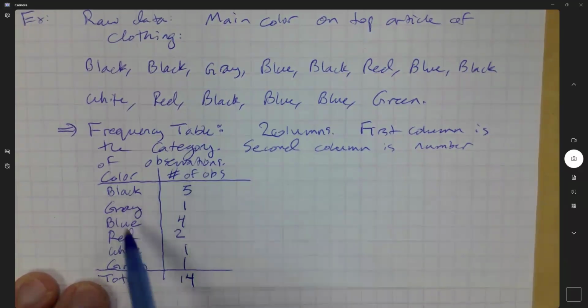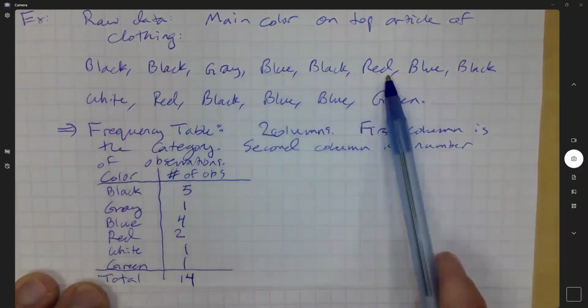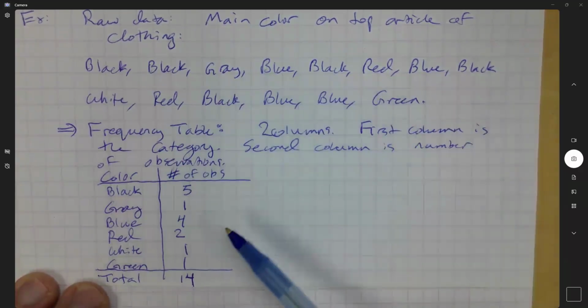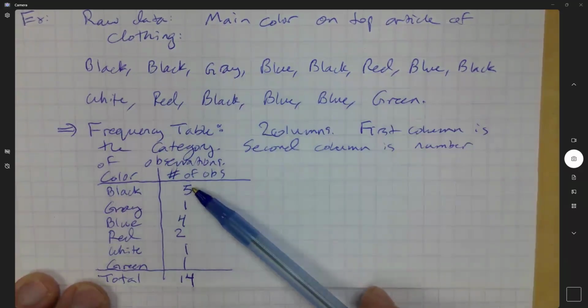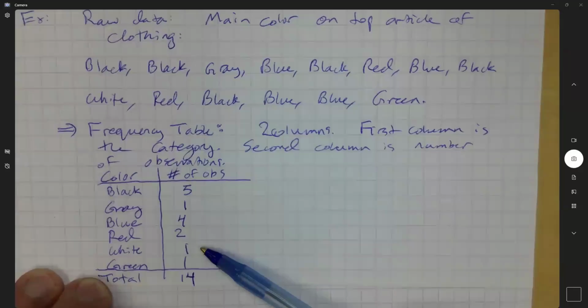We could organize this in a number of different ways. I organized this by the first entry was just whatever I saw first. Nothing wrong with doing it that way. You could also organize it alphabetically, or you could organize it in terms of most frequent observation, which is often how we do it, right?